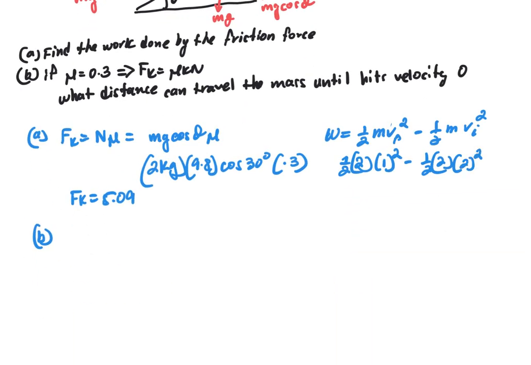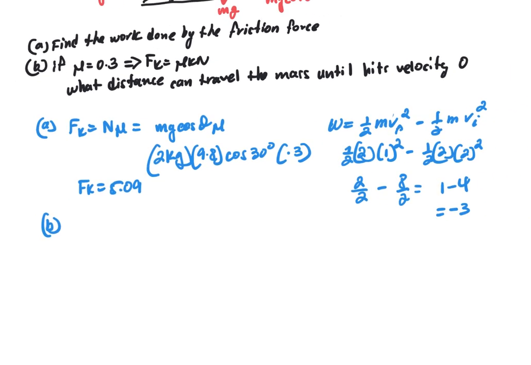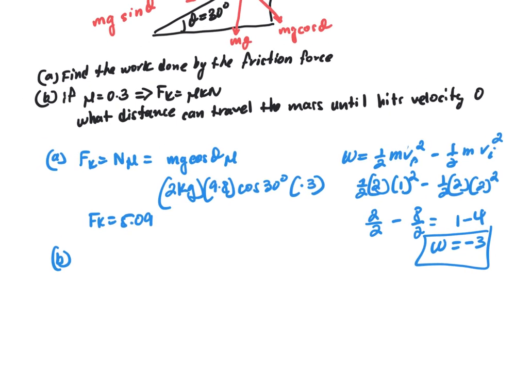So it becomes 2 over 2 minus 8 over 2. So we end up with 1 minus 4, which is minus 3. So our work is -3.